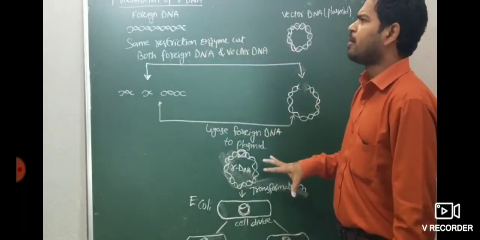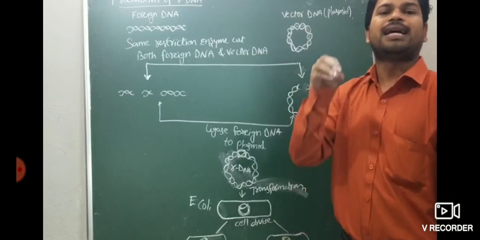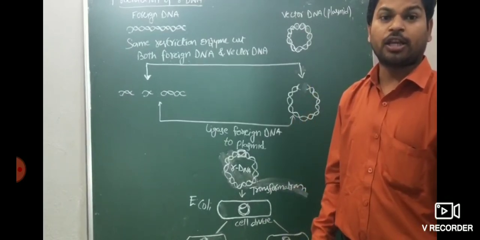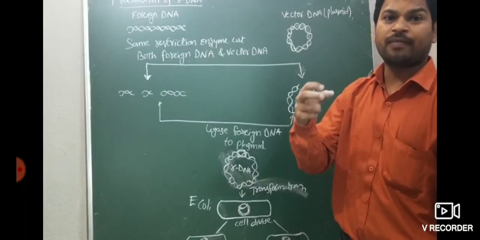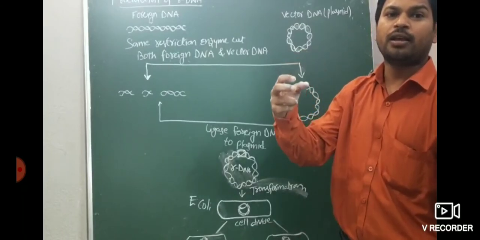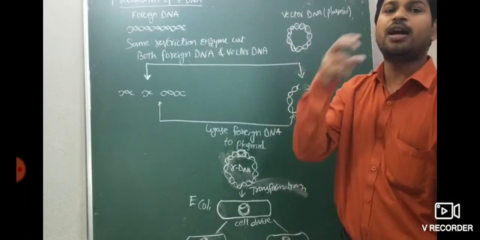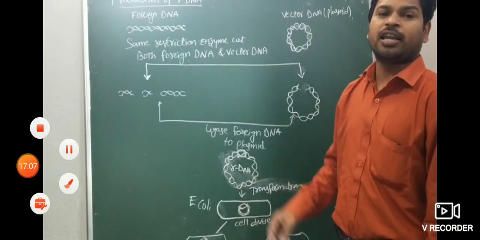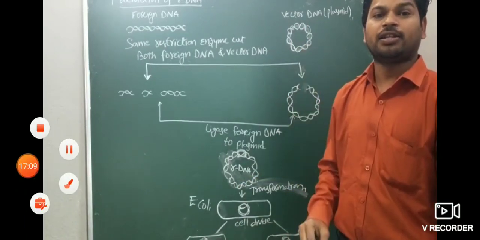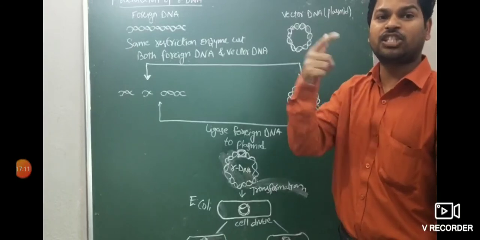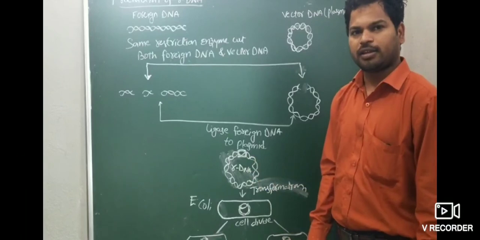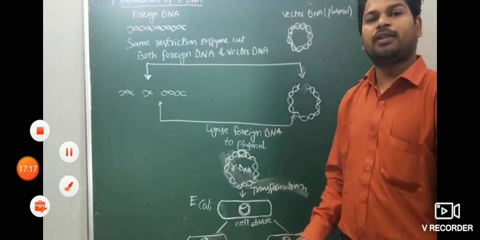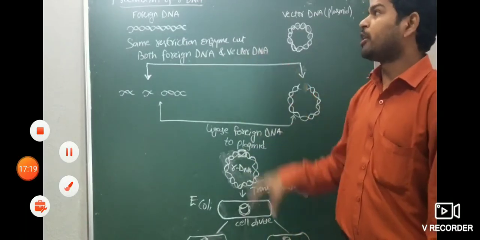This is the production of recombinant DNA. Ligation means the desired DNA fragment is joined to the vector DNA by DNA ligase enzyme. In short, linking of the desired gene with the vector DNA gives rDNA. This is the main information about the production of rDNA.